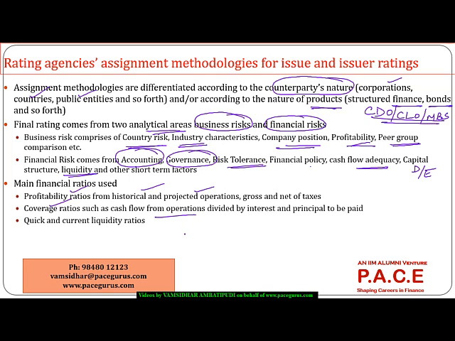To what extent the cash flow from operations is sufficient enough to pay back the interest and the principal as and when required. What is the kind of interest coverage ratio? Or we talk about the debt coverage ratio, which talks about to what extent again the cash flow from operations is sufficient to repay the interest and principal.